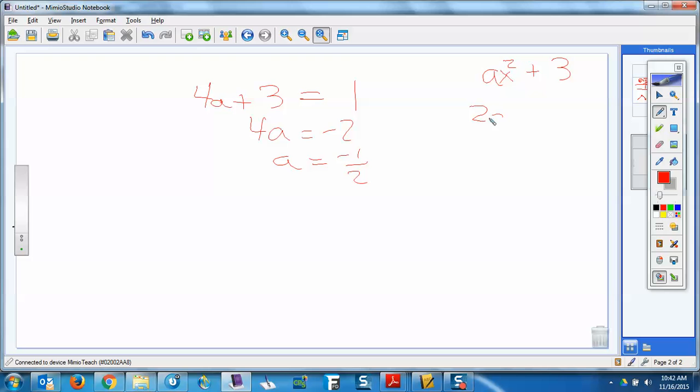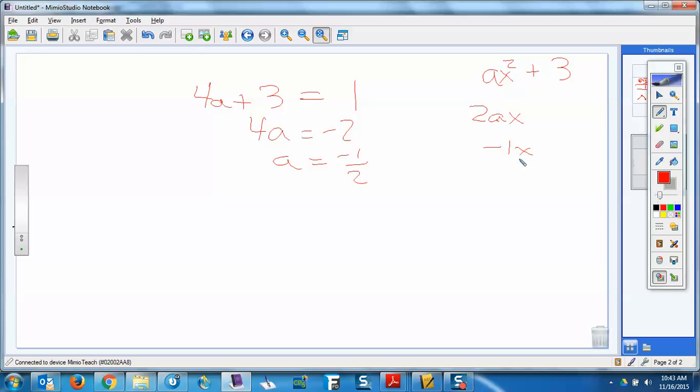Bring the 2 down in front. A is just a number, so we'll just leave it there. Well, we know what it is, actually, but we'll get to that in a minute. And then x to the first plus derivative of 3, 0. So we got that. Now remember, we know a is -1/2. So 2 times -1/2 is -1x, right? And what's x in this problem?